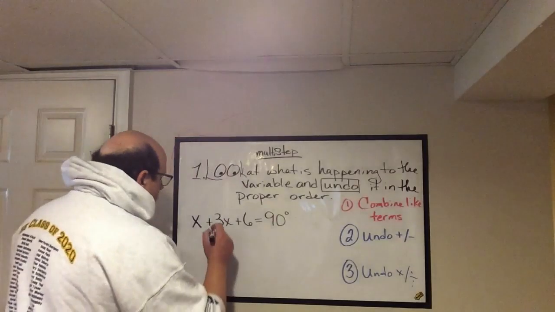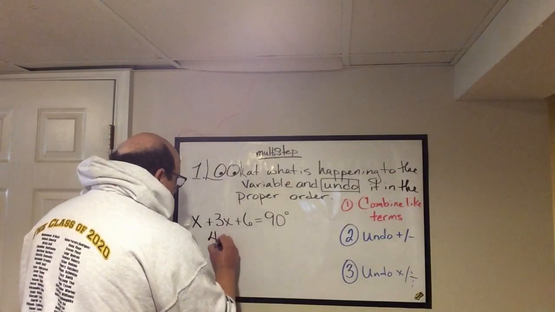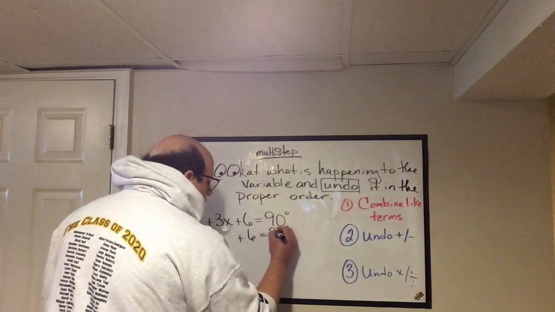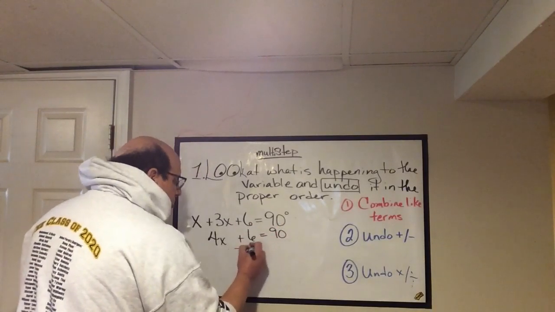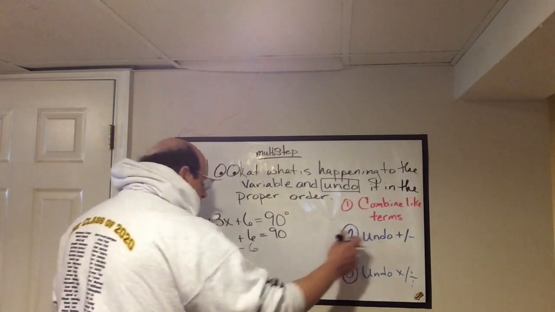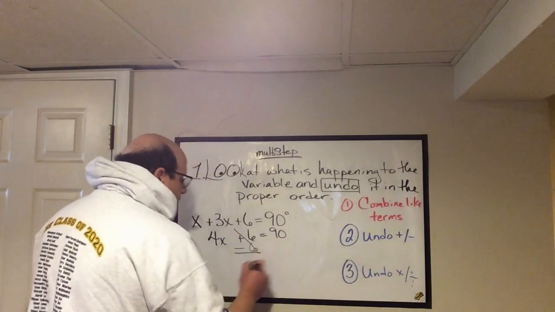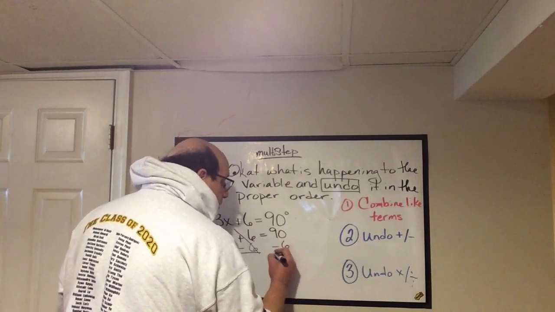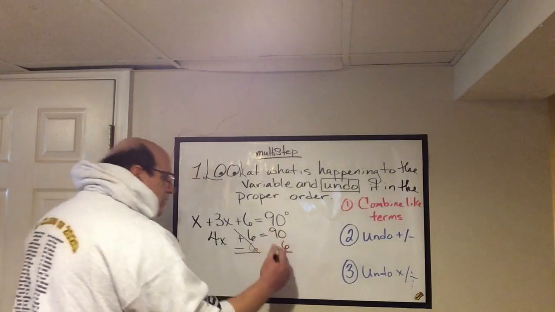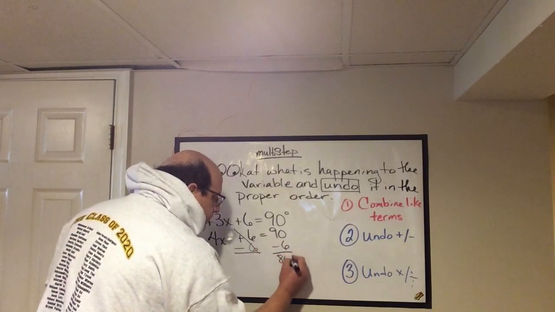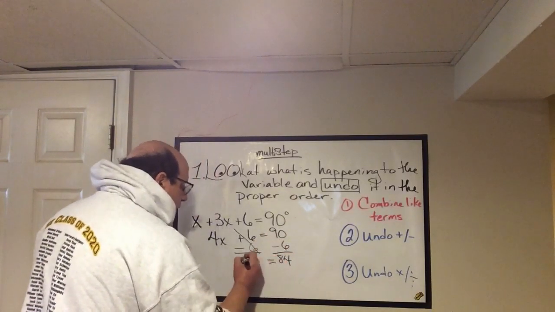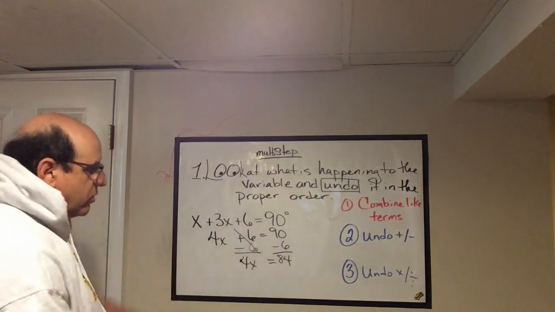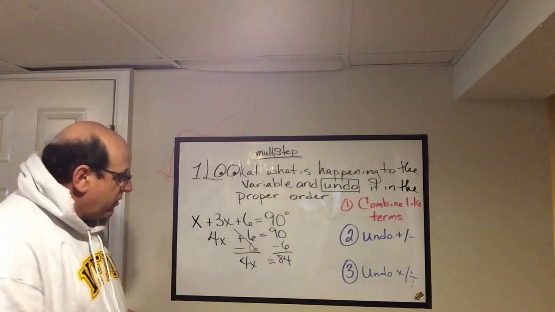So I know I've combined those to be 4x plus 6 equals 90. And I'm going to subtract the 6 because that's my next step: undo the addition or subtraction. 6 was being added to my variable value, so I'm going to undo that. And 90 minus 6 is 84. So 84 equals 4x, or 4x equals 84. It doesn't matter, you can switch them around and everything's exactly the same.